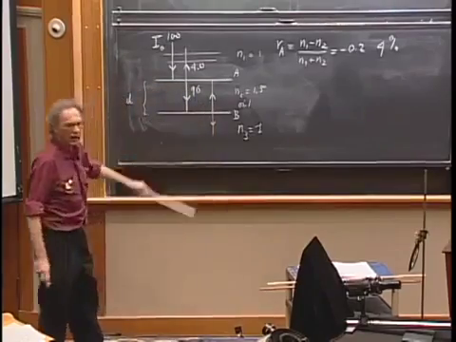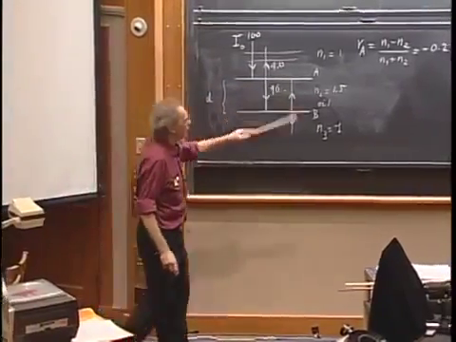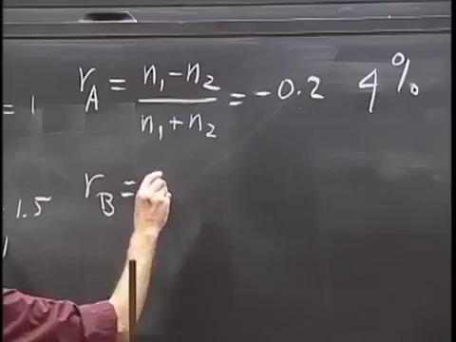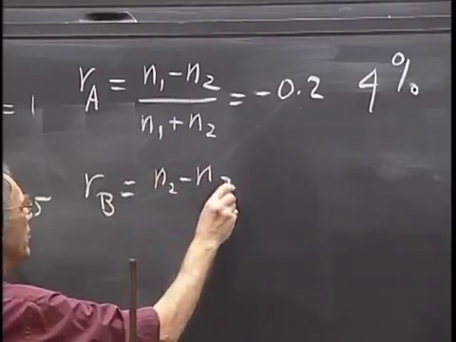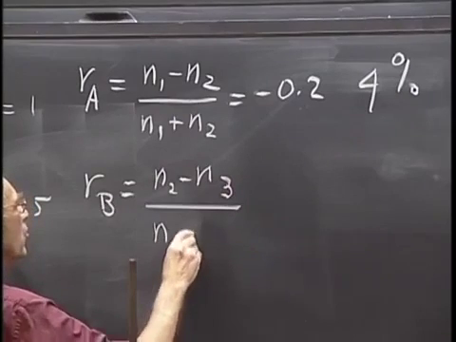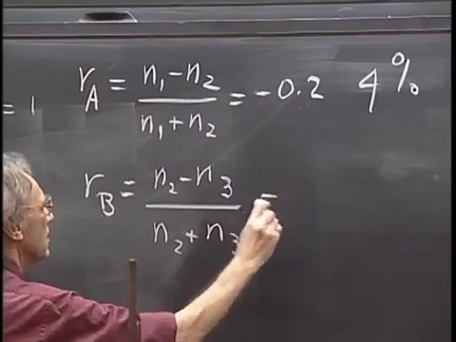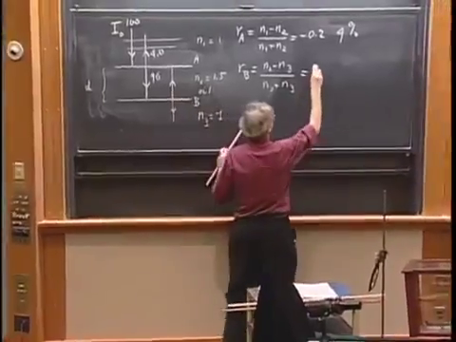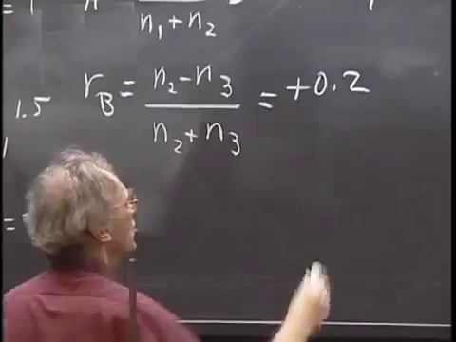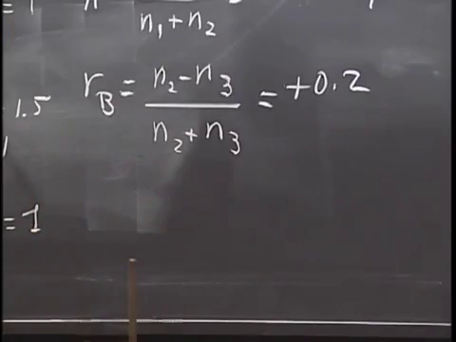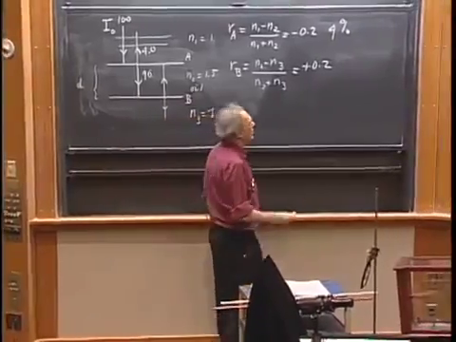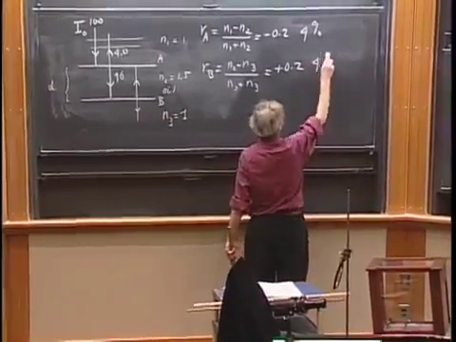And so I can calculate, again, the R value for that surface near B, which is now N2 minus N3 divided by N2 plus N3, and that is plus 0.2. So there is no flip in the E vector as it returns. And the fraction of the light that is reflected is again 4%.